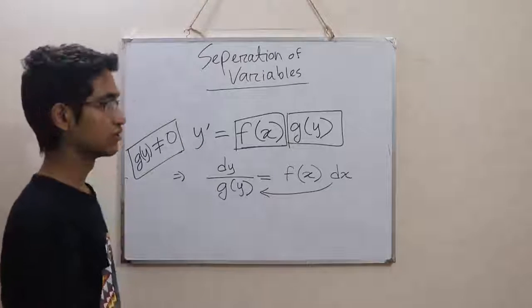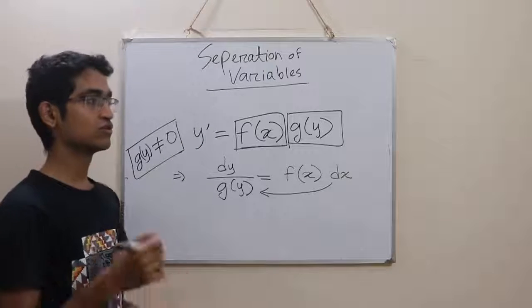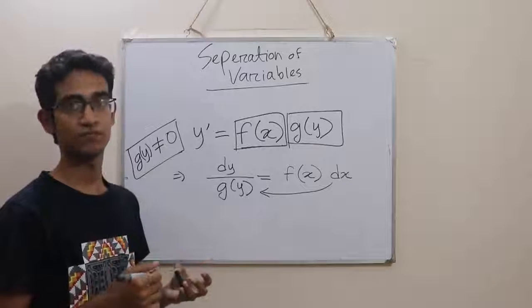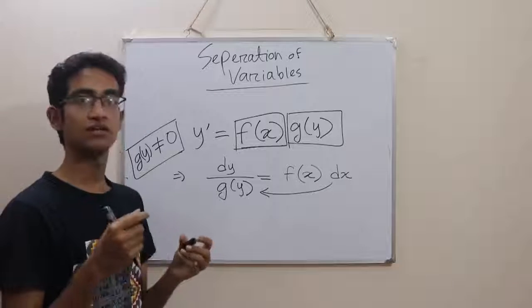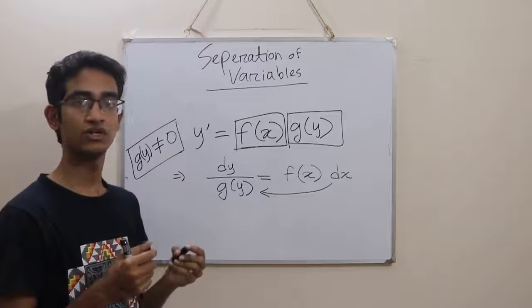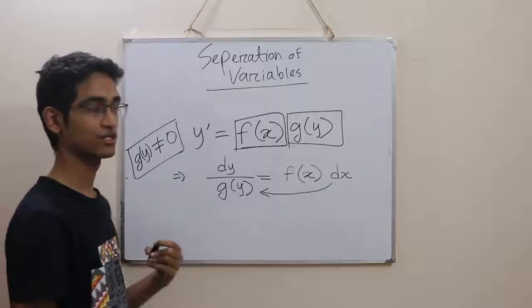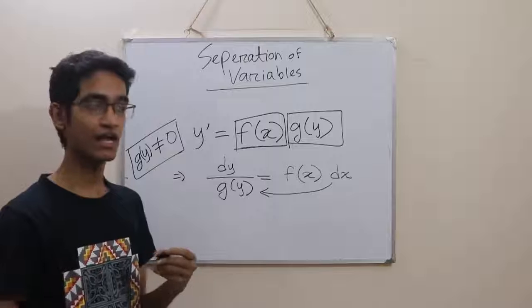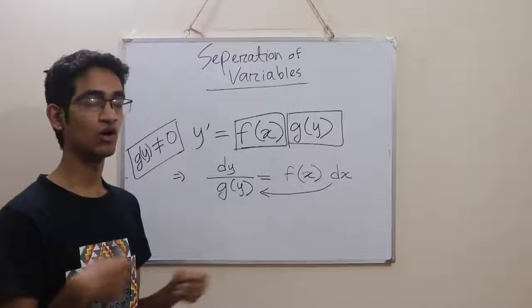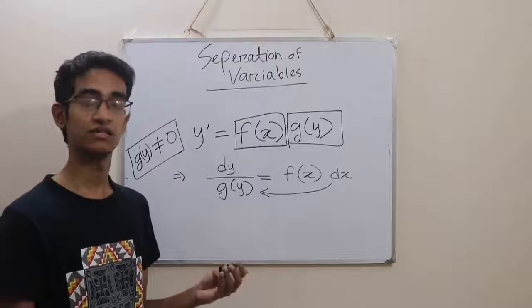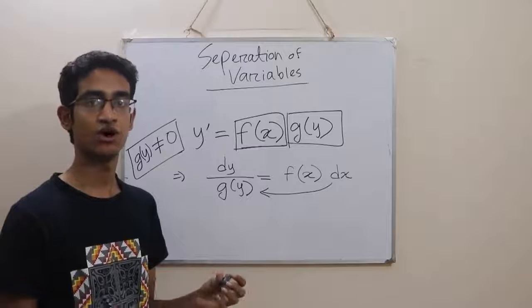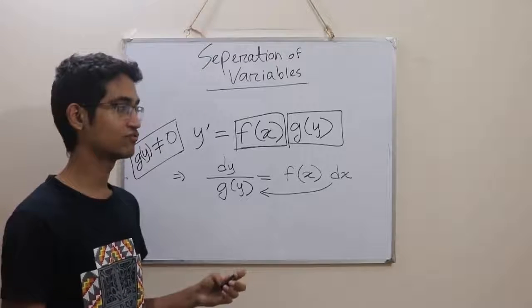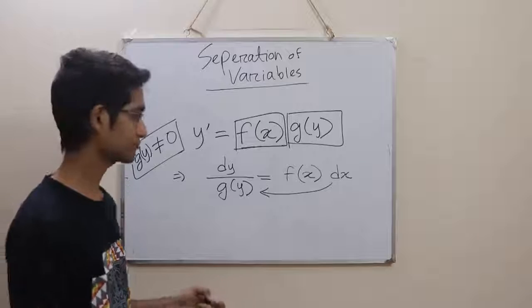So to compensate for this assumption, we have to find the lost solutions that we are losing in making this assumption manually, and then add the solutions to the overall set that the general solution gives us. That way we will have all the solutions of the differential equation that we are trying to solve.